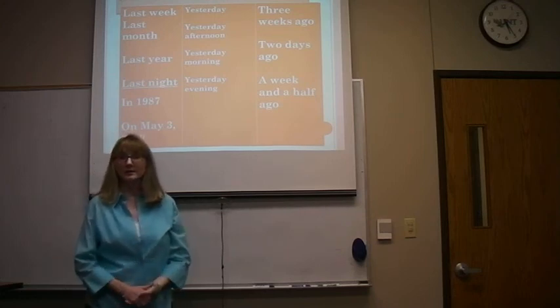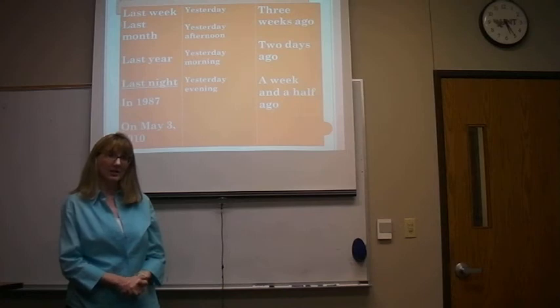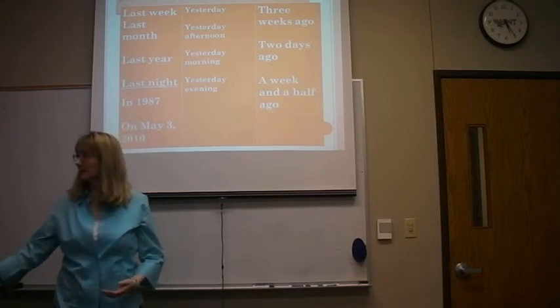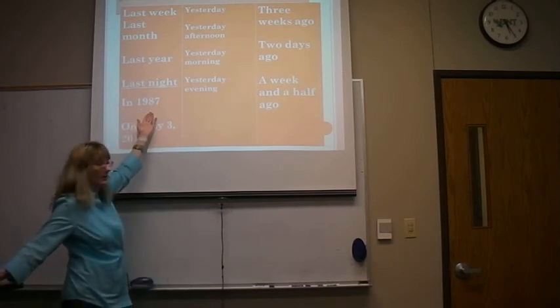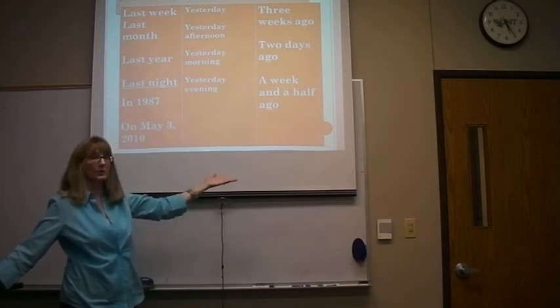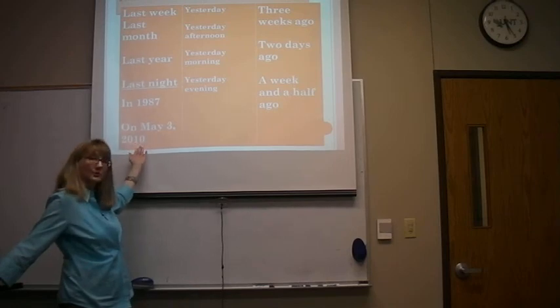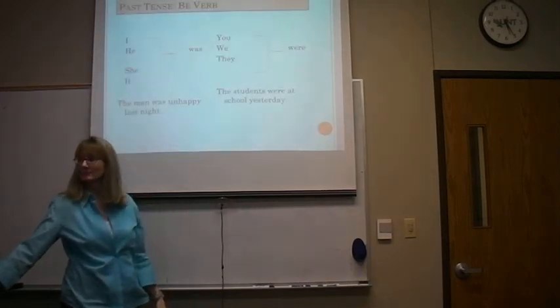In addition to these time words, we can also use prepositions to introduce a time in the past. For example, in 1987. Well, 1987 is in the past, so we would use simple past tense. Or on May 3rd, 2010. This is also in the past.